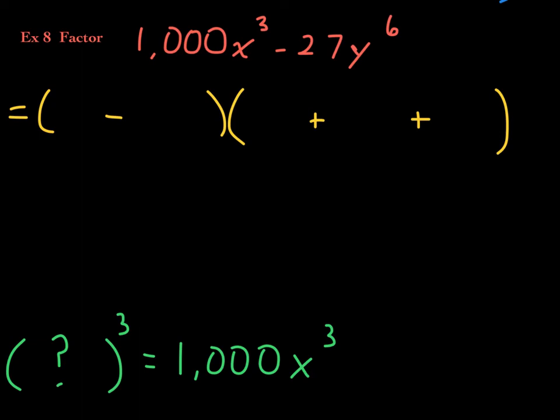If you cube 10x, you will get 1,000 x cubed. 10 cubed is 10 times 10 times 10, which is 1,000, and then x cubed, of course, is x cubed. So 10x is the first term that goes here.